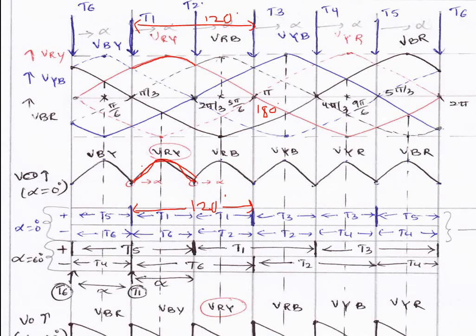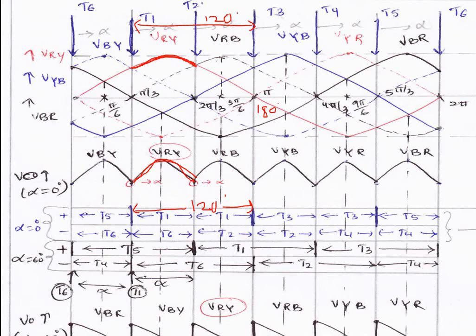R and Y. Always we consider the more positive wave in the upper group and the more negative wave in the lower group.